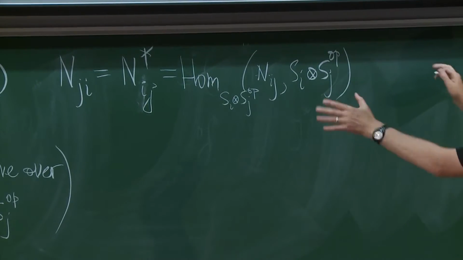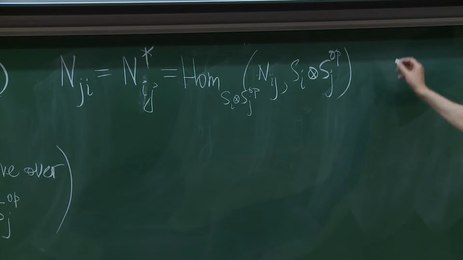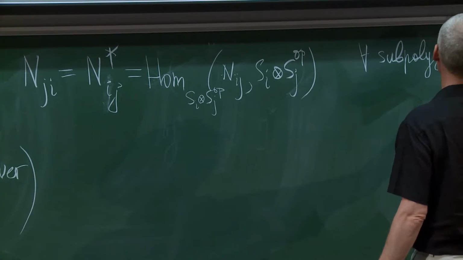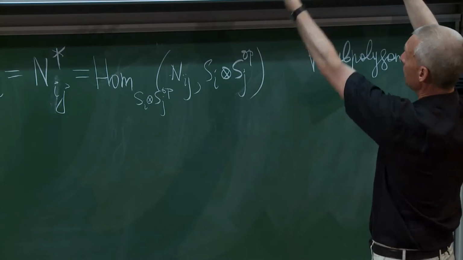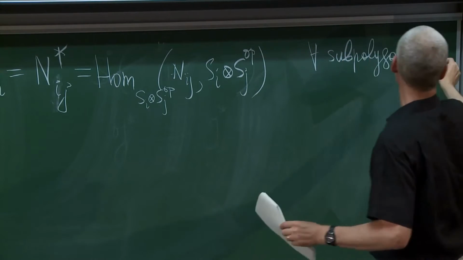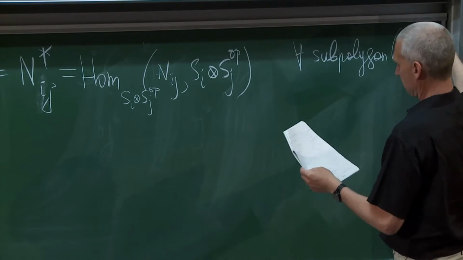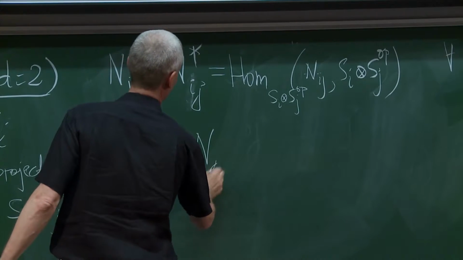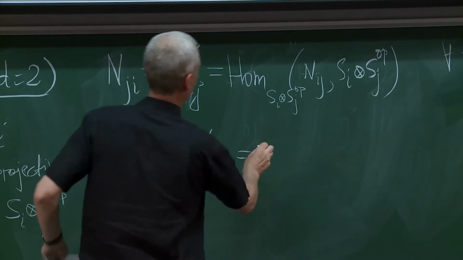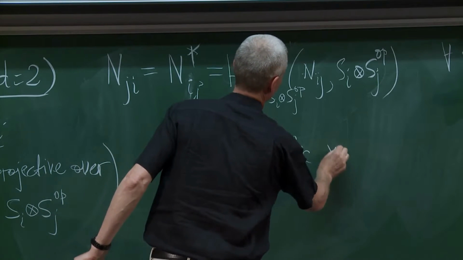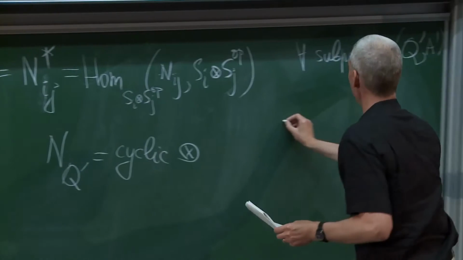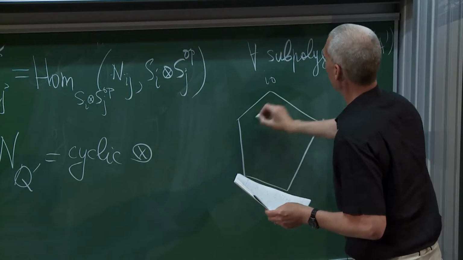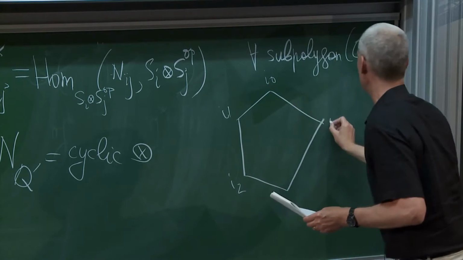Then this will be a system of coefficients. Then for every subpolygon Q prime, on vertices in our set A prime, we can form the cyclic tensor product, which means that we have vertices over the polygon going around the circle, say I0, I1, I2, In.